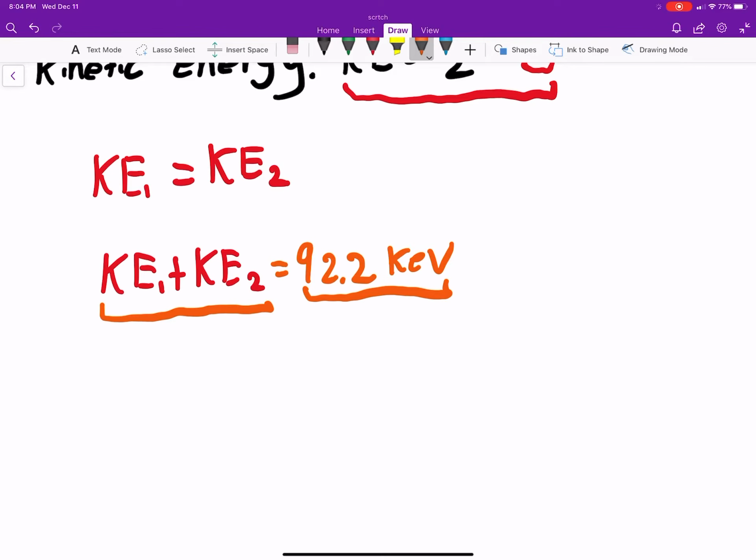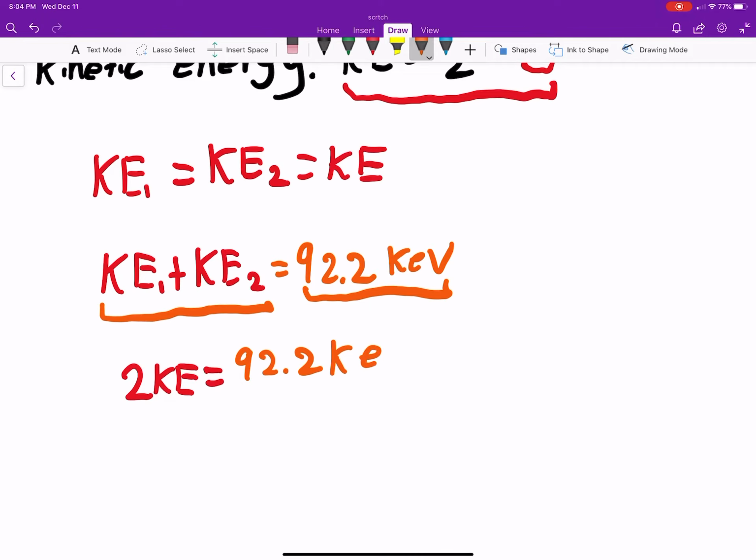Well, kinetic energy 1 from the first atom is the same as the kinetic energy from the second one. So we could say let this be just the kinetic energy. So we have 2 times our kinetic energy is equal to 92.2. Then all we have to do is divide by 2.